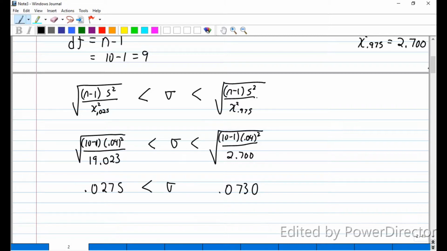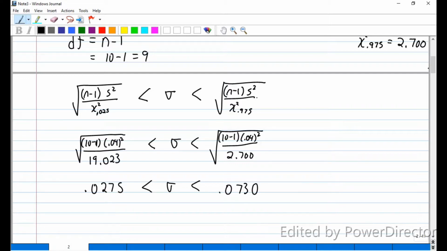And there's my interval. So I'm 95% confident that the actual population standard deviation would be inside that interval.